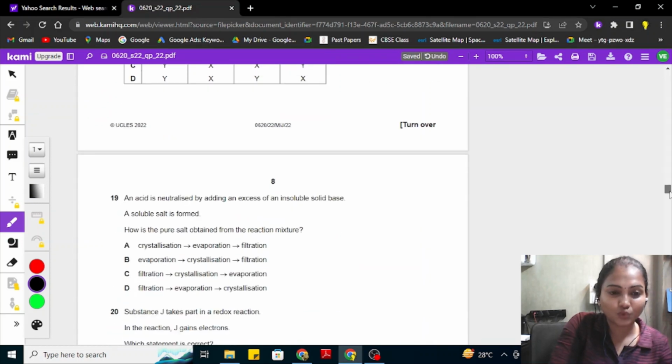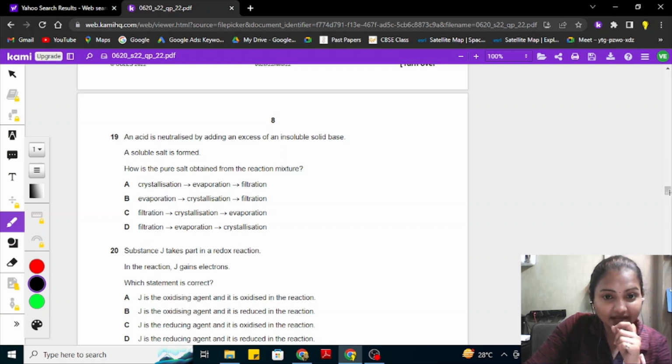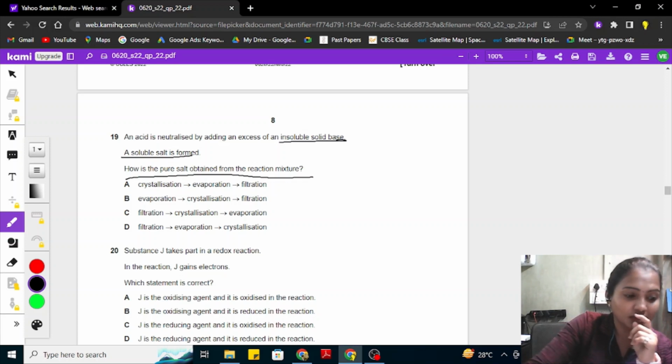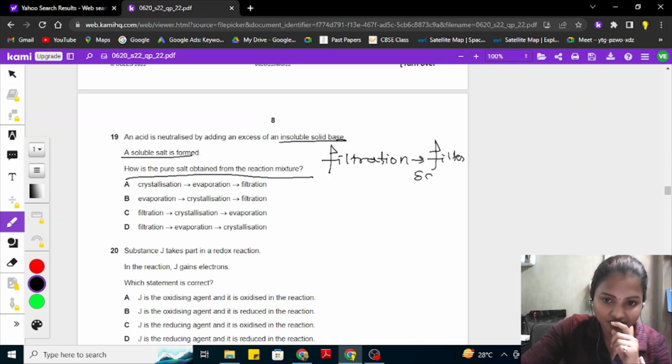And the 19th question, not very far. An acid is neutralized by adding an excess of insoluble solid base. A soluble salt is formed. How is the pure salt obtained from the reaction mixture? First, we have to do the filtration. We have to filter out the insoluble solid which is present.